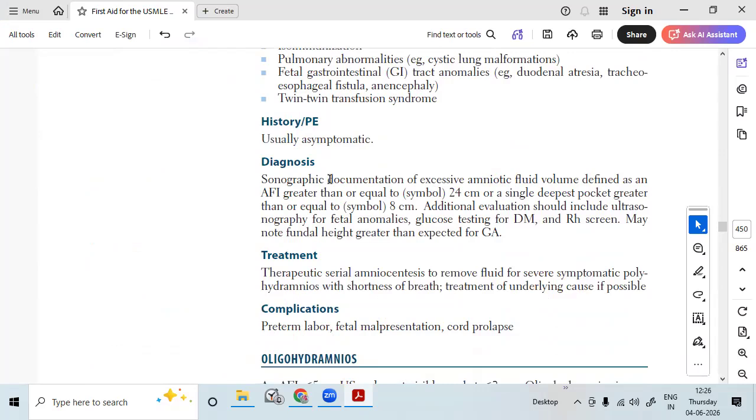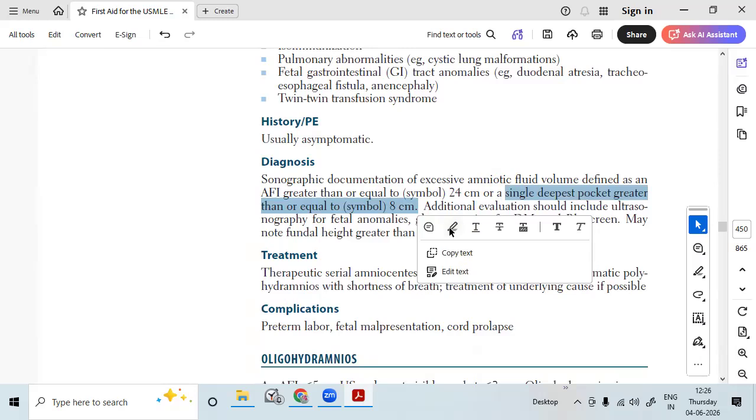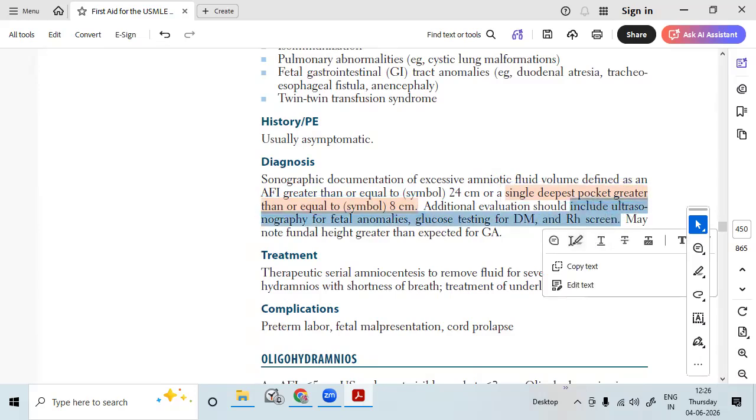Diagnosis is sonographic documentation of excessive amniotic fluid, defined as an AFI greater than or equal to 24 centimeters or a single deepest pocket greater than 8 centimeters. Additional evaluation should include ultrasonography for fetal anomalies, glucose testing for diabetes, and Rh screen. So you should do all of these, obviously.